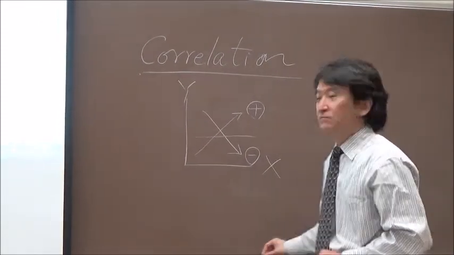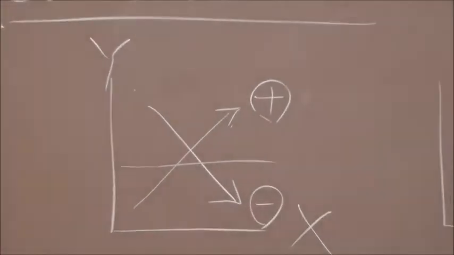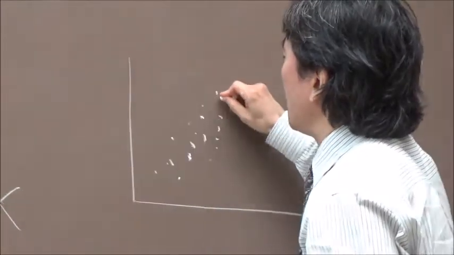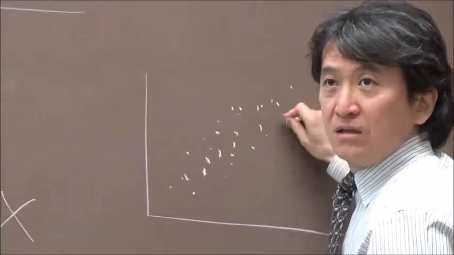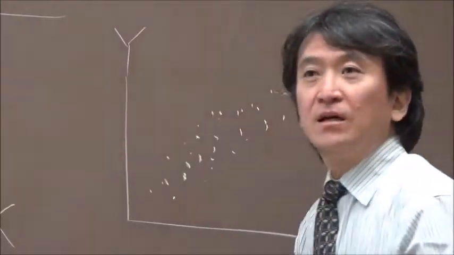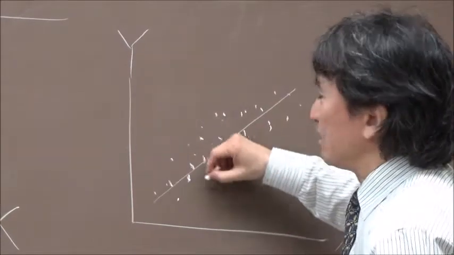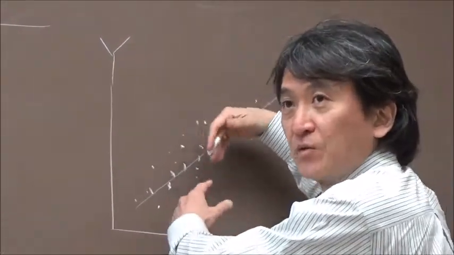With me so far? So, in the real world, it's just a dot. Data points, right? X and Y. And then correlation basically measures the strength of the relationship.